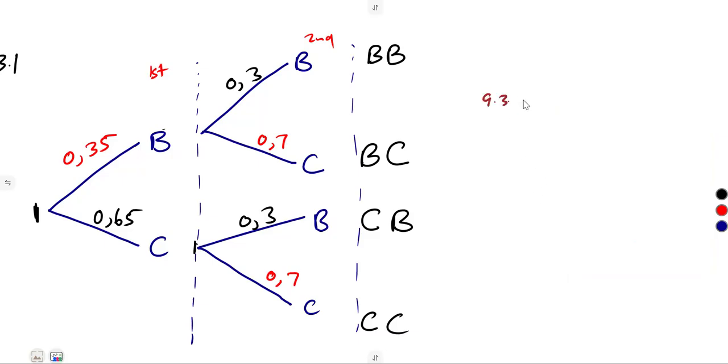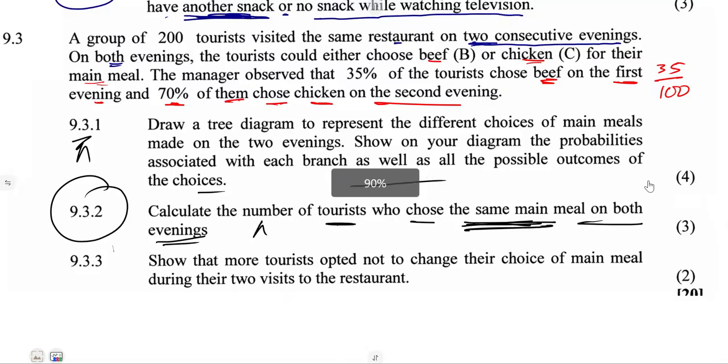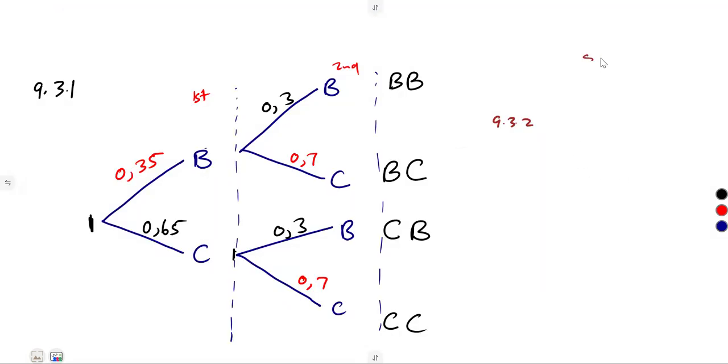So 9.3.2 was a direct question because we need both to have the same main meal. It is just like same color or same whatever that you're given. So that's beef, beef. We also have chicken. Same.